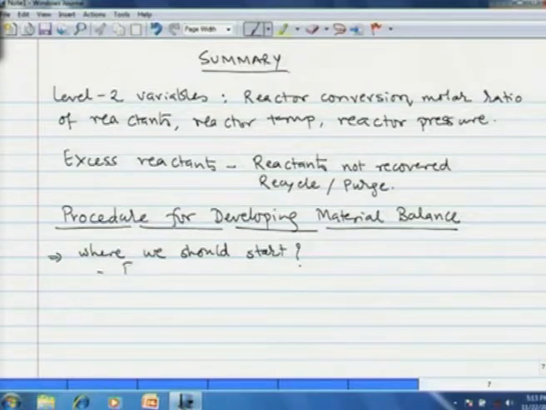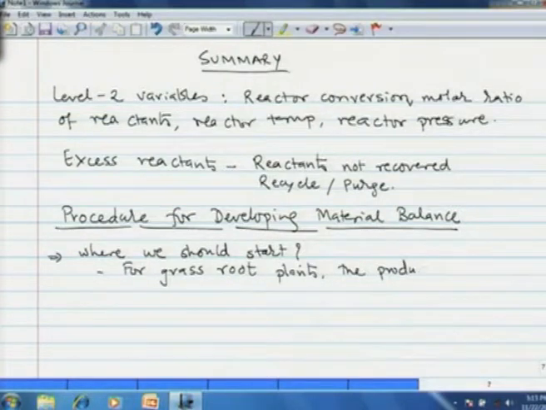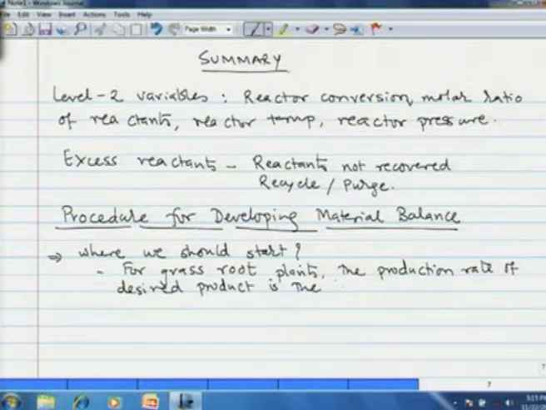For grassroots plants or completely new plants, the production rate of desired product is the beginning point.